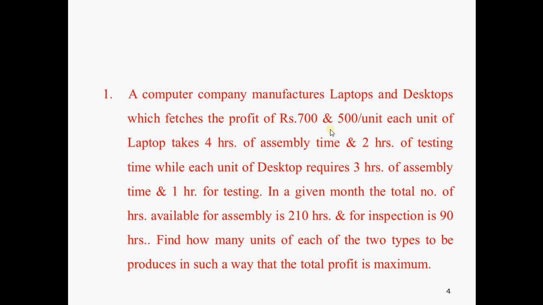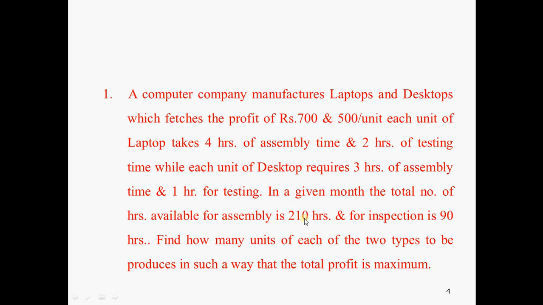Constraints means you have some conditions. So what are the conditions? First is the requirement. Laptop requires 4 hours of assembly time and 2 hours of testing time. Desktop requires 3 hours of assembly time and 1 hour for testing. So this is the limitation on the availability of assembly time and testing time.